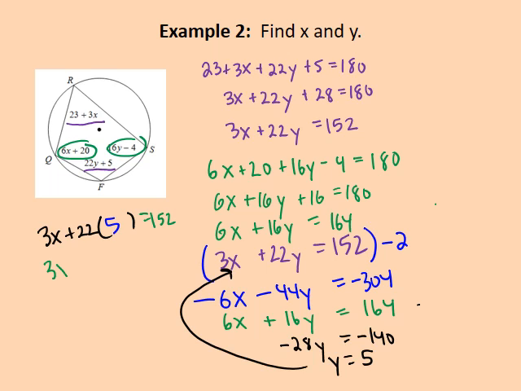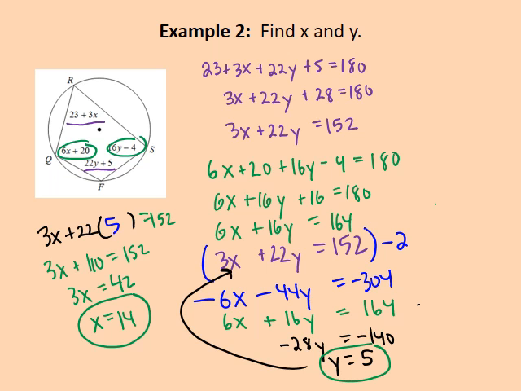So I have 3x plus 110 equals 152. 3x equals 152 minus 110, which is 42, x equals 14. So x equals 14 and y equals 5.